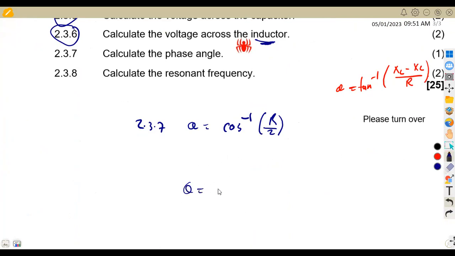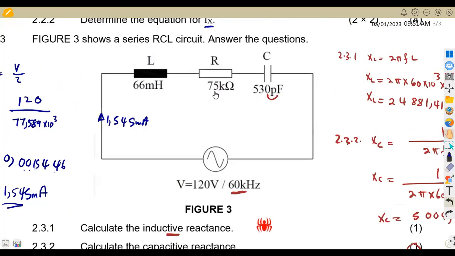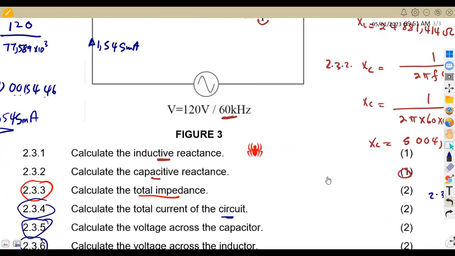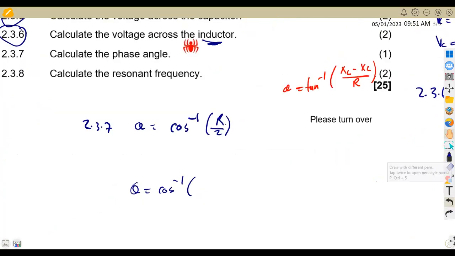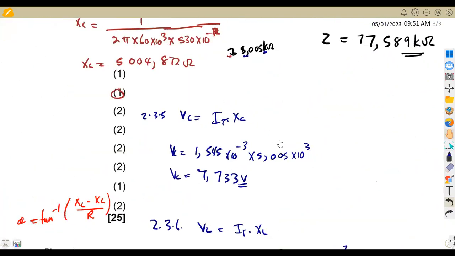So our theta is going to be equal to arc cos of the resistance of the circuit, which is the one that we are given. Our resistance is 75 kilo ohms, so 75 times 10 to the exponent of 3, over the total impedance, which is our Z. Remember, we calculated Z here.